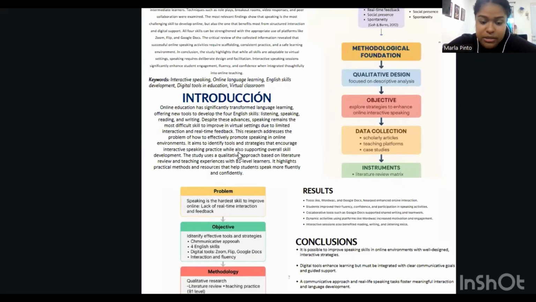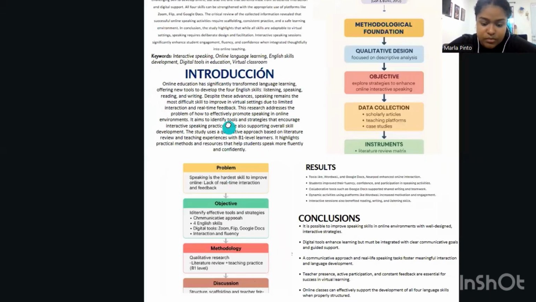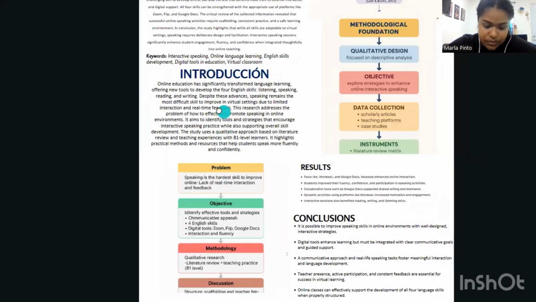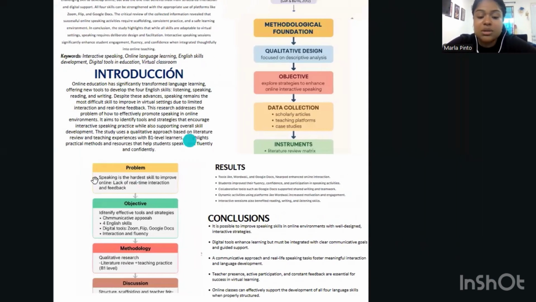First part, let's see. Okay, here is the problem that I could find in this research and in these speaking sessions. The first one is that speaking is the hardest skill to improve online, because of the lack of real-time interaction and feedback.